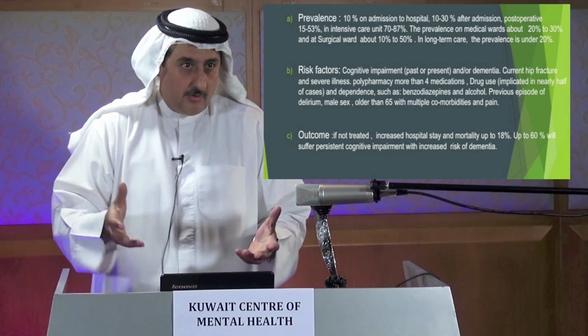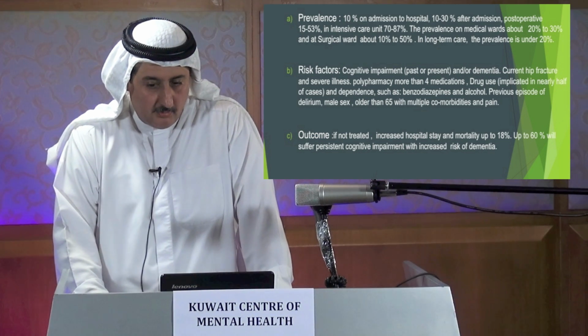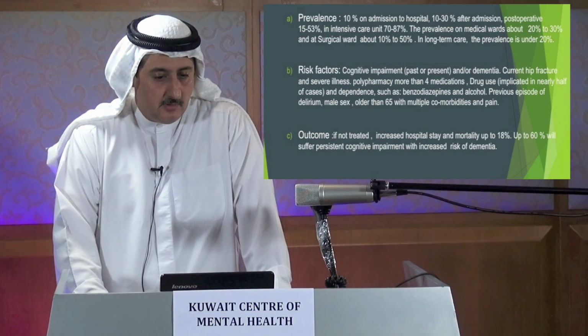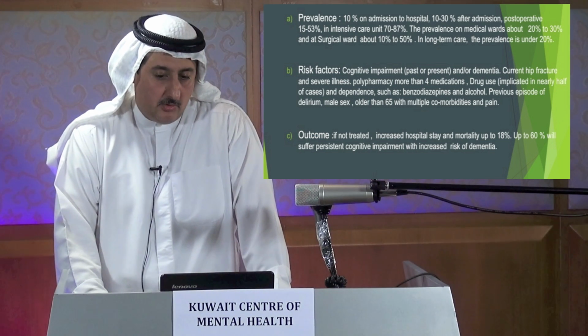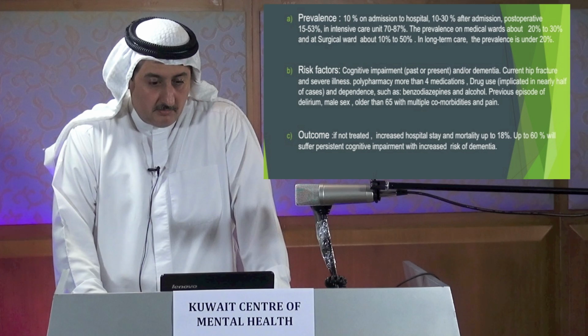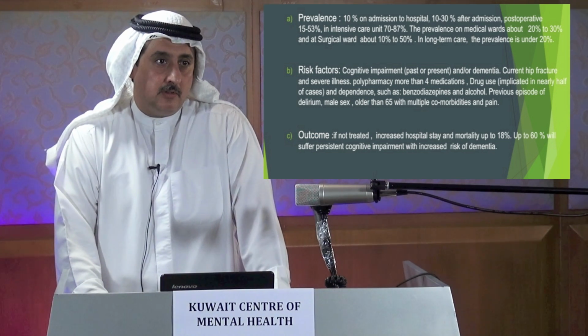They say also, this is from one of the series I found, drug use impacted nearly half of the cases, and dependence, such as people who are dependent on benzodiazepine and alcohol. The outcome, if not treated, can reach mortality up to 18%. So this is a medical emergency and should be treated. Up to 60% will suffer cognitive impairment and increased risk of dementia.